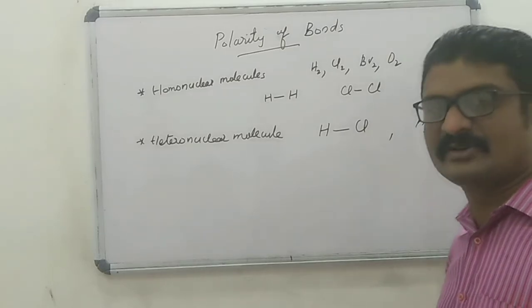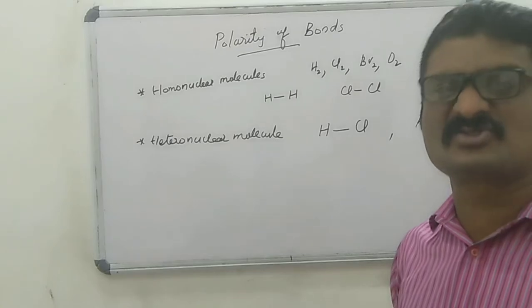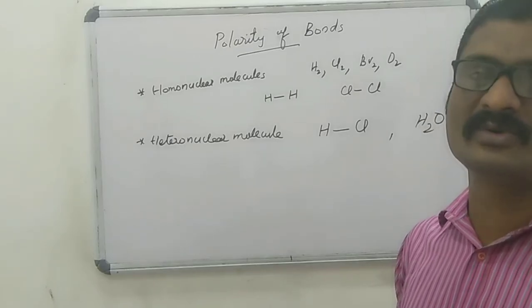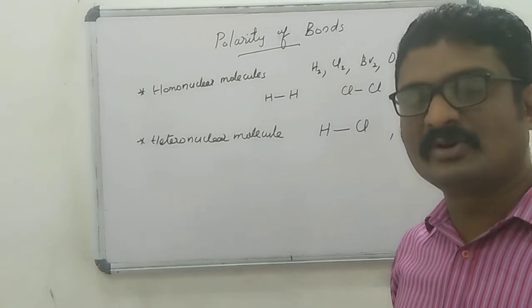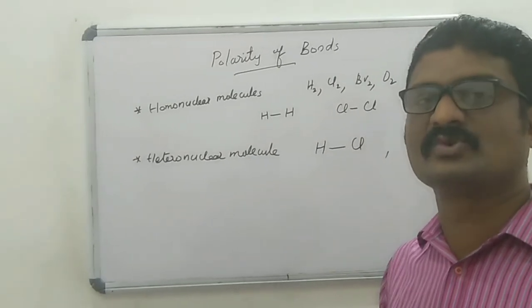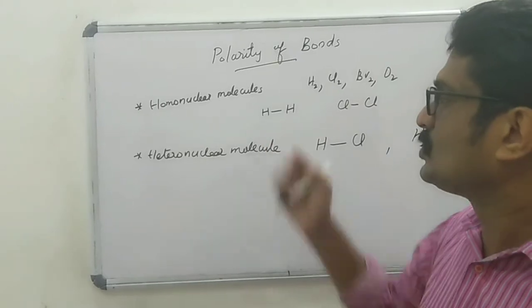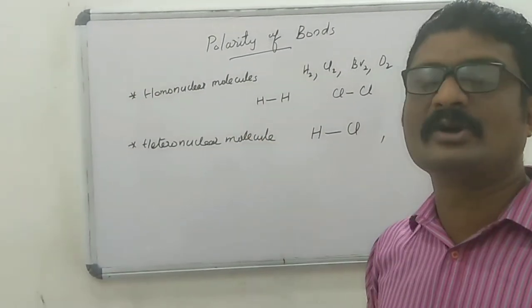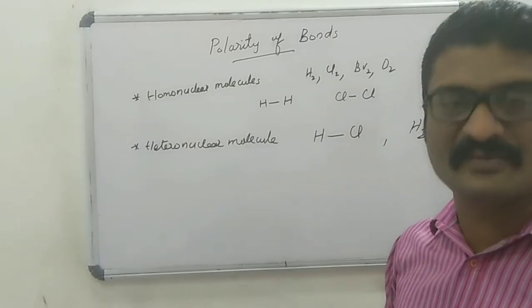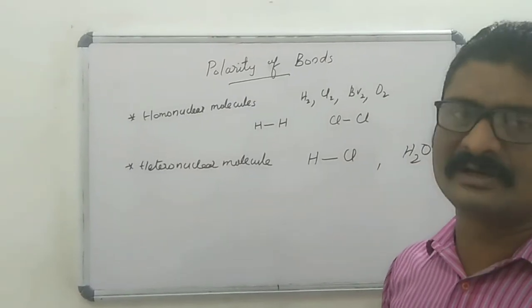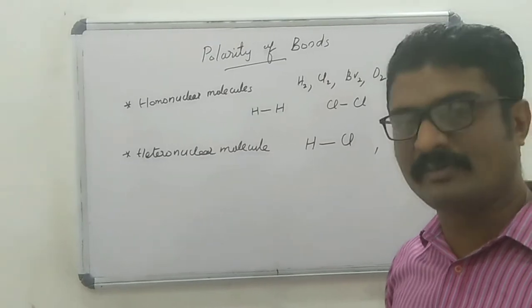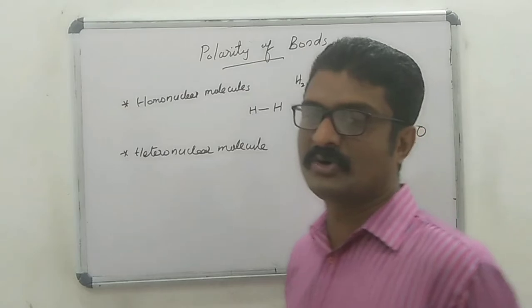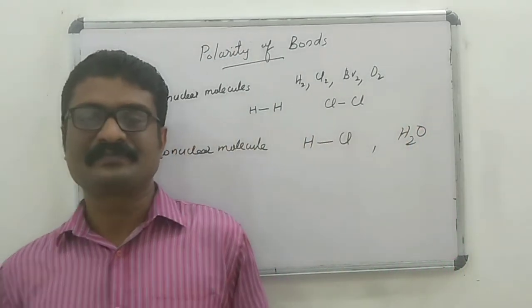That means if the nuclei of the two bonded atoms are the same, or the molecule is formed by the combination of two similar atoms, it is called a homonuclear molecule. If the nuclei of the two bonded atoms are different, or the molecule is formed by the combination of two different atoms, it is called a heteronuclear molecule.